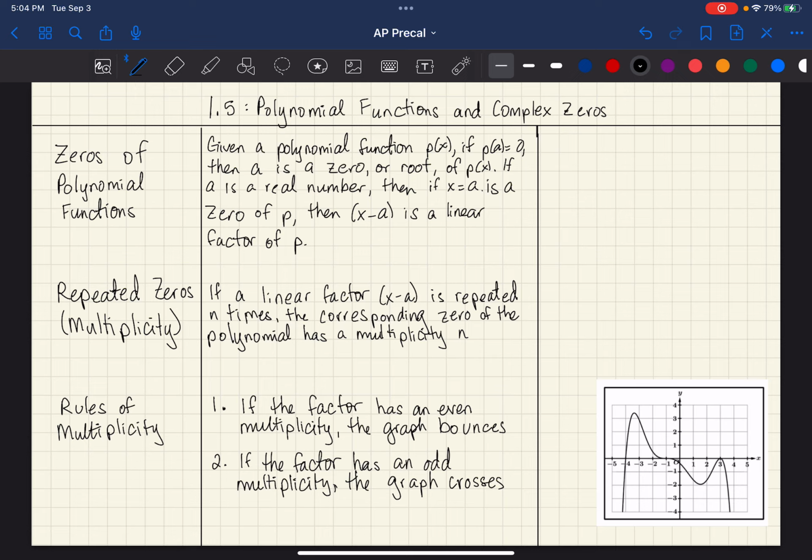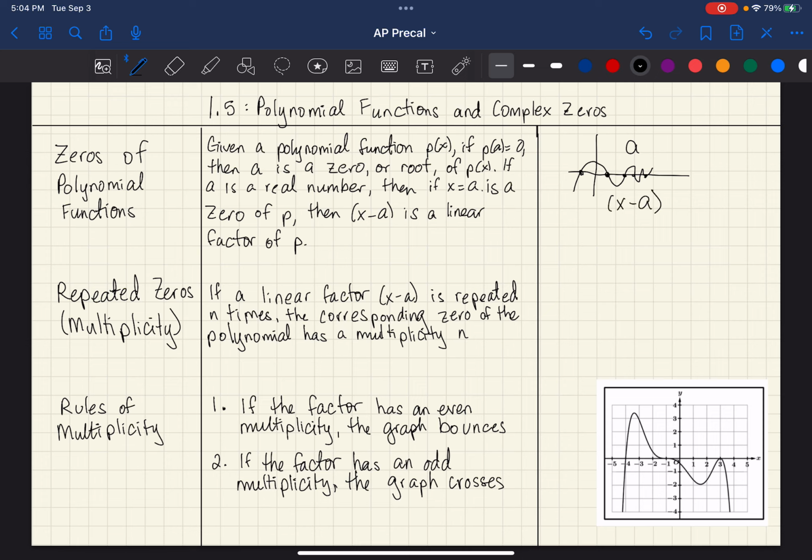So all of this is just saying that, when you have your graph, any point that crosses or touches the x-axis is considered a zero, right? Or in this example, as they call it, a. And then they're saying, if a is a zero, then you can say that x minus a is a linear factor.